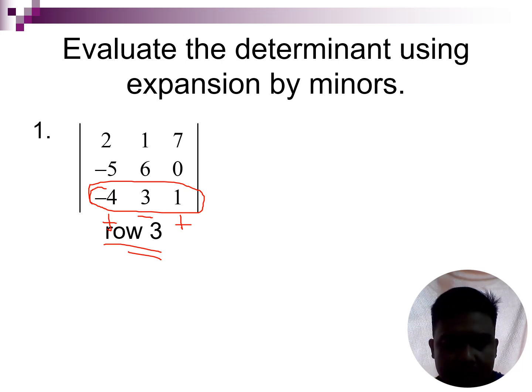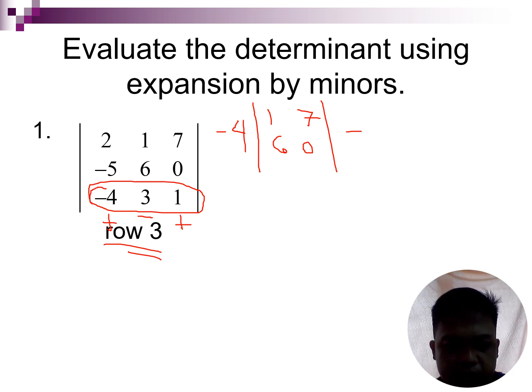So let's start with negative 4. Then what's left for our determinant would be 1, 7, 6, and 0. And then we have the minus sign here for the 3.